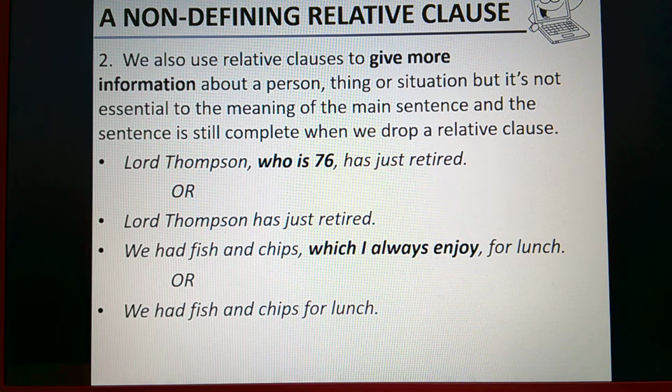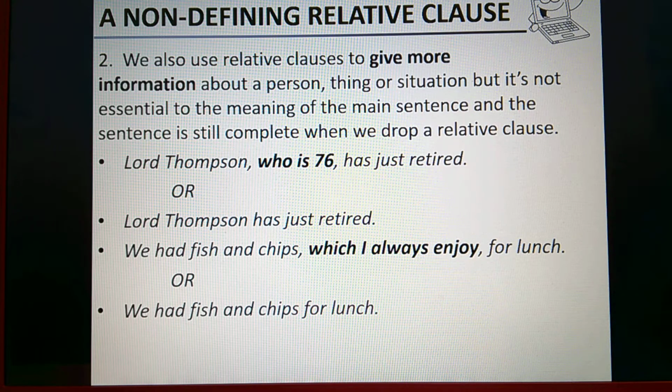We also use relative clauses to give more information about a person, thing, or situation, but it's not essential to the meaning of the main sentence, and the sentence is still complete when we drop a relative clause. This kind of sentence is called a non-defining relative clause.